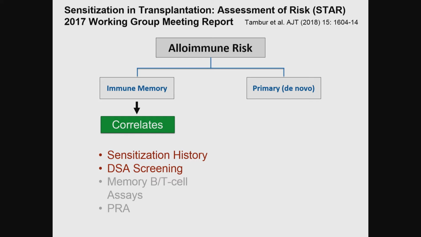But where we are in 2019 is that if we have serial sera and both the historical and current sera are negative, we have no sensitization history, we can be pretty confident that memory doesn't exist. And when we have memory, we have ways of avoiding it, like the highly sensitized patient registries and paired exchange. So in actual fact, if you try to avoid this, in the vast majority of transplants we can avoid this.